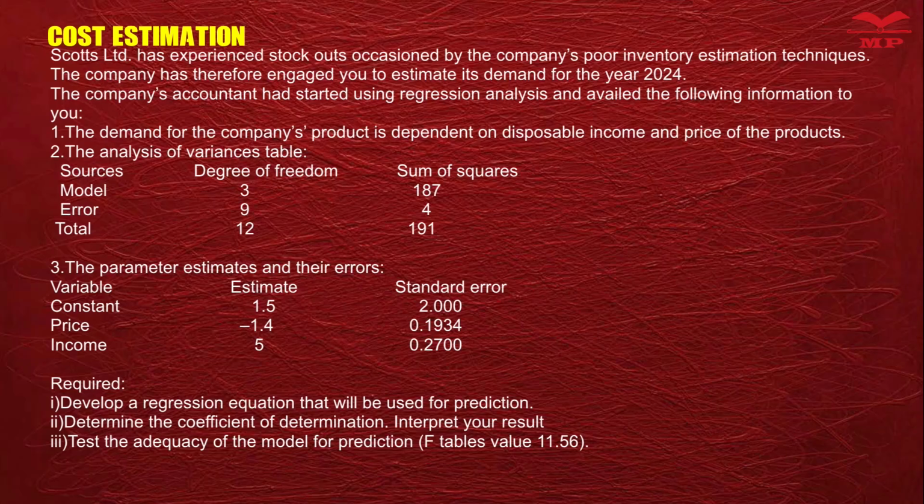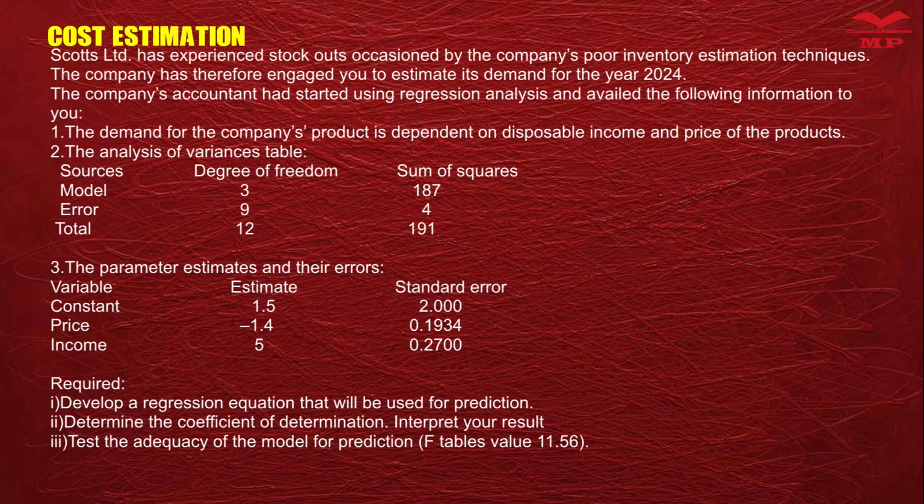The demand for the company's products is dependent on disposable income. So the dependent variable is y, and it is dependent on disposable income and price of the products. So there are 2 independent variables, that is the price and income. So we have income and price.